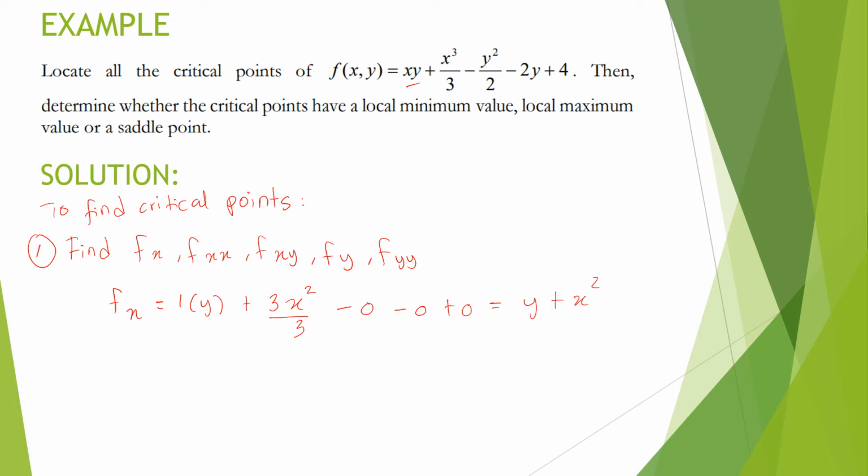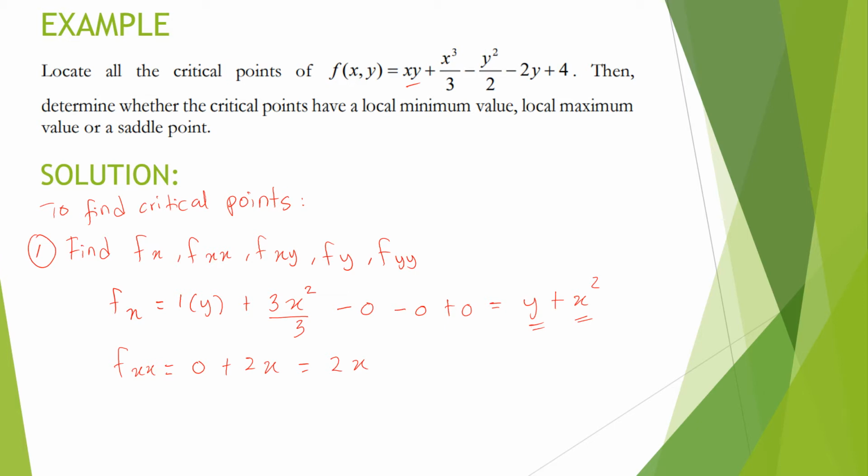Okay, next find fxx equals to, okay, look at here. Differentiate y with respect to x, it becomes 0. Differentiate x squared with respect to x is 2x, so equals 2x.